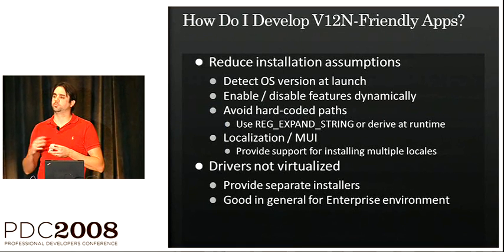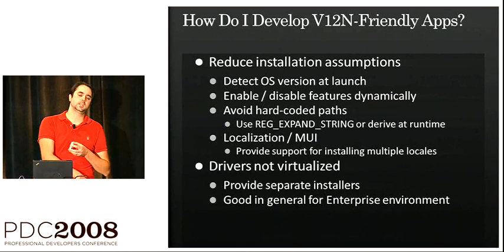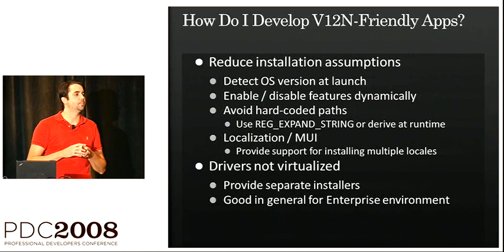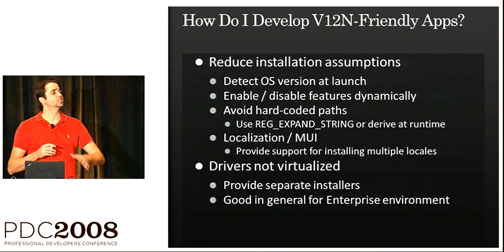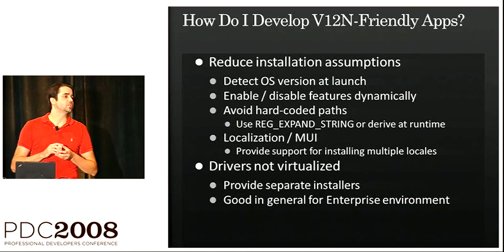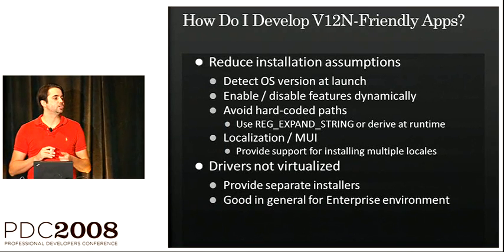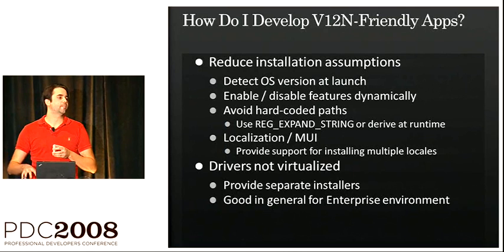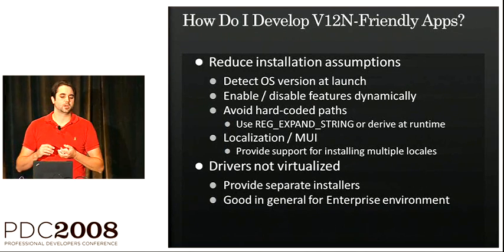And so the platform group likes to take the drivers, test them in their images, validate them, and actually bake them in the images and deploy them out that way. And so whether it's AppV or not, it's always a good thing to do. If your application has a driver, make sure you have a separate INF file or installer or something so that those things can be separated out.